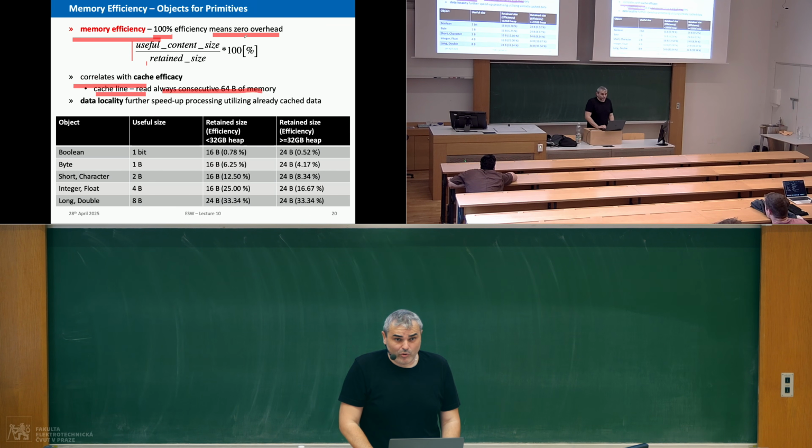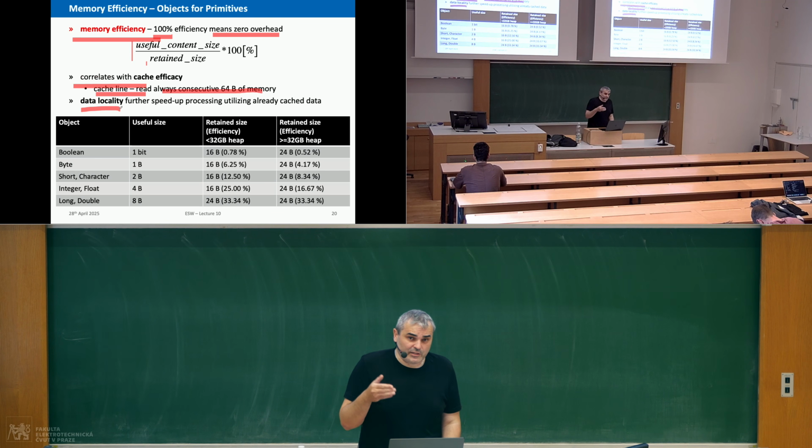If you fit more objects into that area, you better use your cache and you don't waste it on many headers, etc. Moreover, for data locality, if several objects fit into one cache line, it speeds up sequential processing of such objects because you have the data already available in the CPU, in the L1 data cache. After accessing the first element, it reads the first element and also everything which is inside that 64 bytes. There could be another 10 elements, for example, inside. Those then have zero access time.